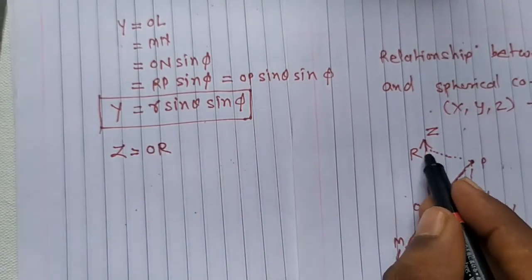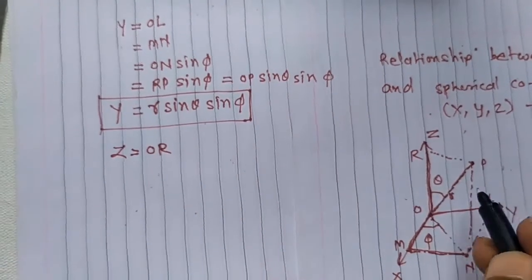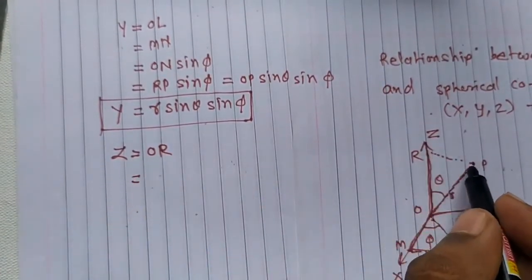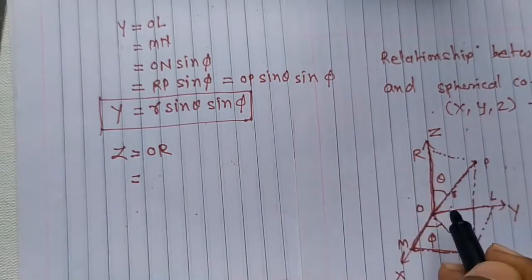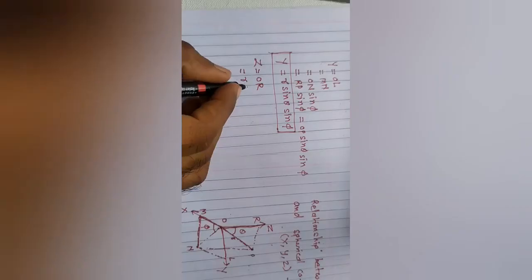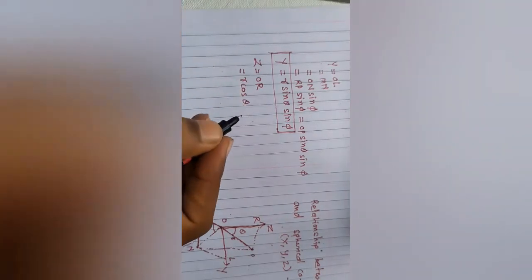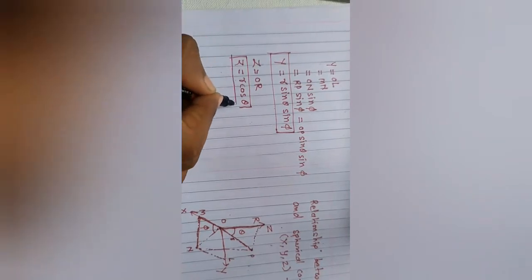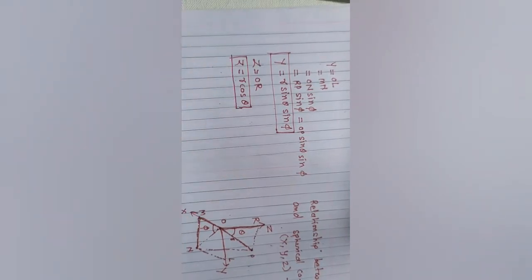In triangle ORP, it is r cos of theta. So this will be for the z coordinate. So I got the three relationships among x, y, z and r, theta, phi.